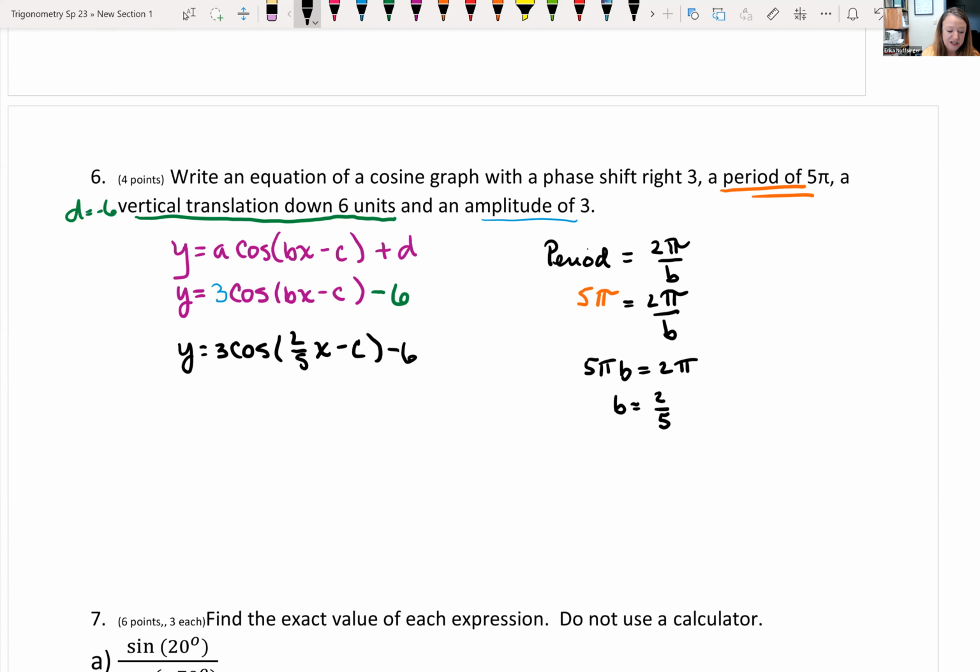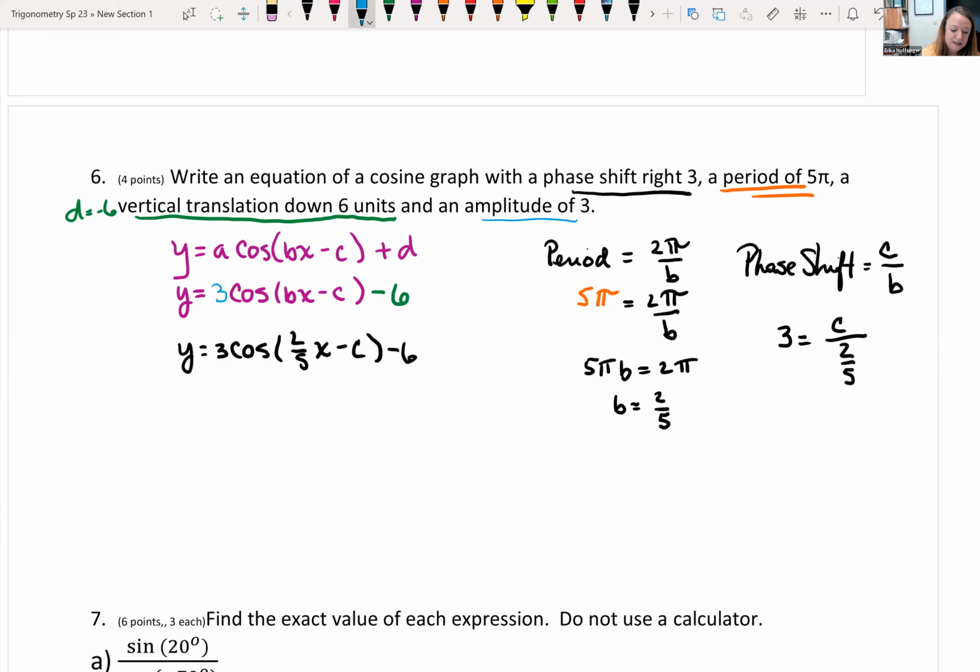Recall that the formula for the phase shift was c divided by b. So here we know that our phase shift, it tells us, is 3. So we have 3 is equal to c divided by b. But we just found what b was. b was 2/5.